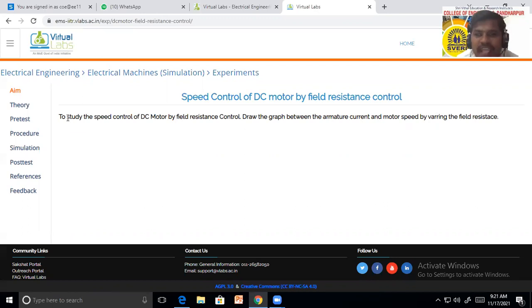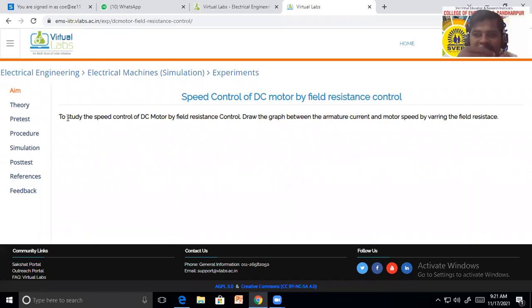So this is the aim, to study the speed control of DC motor by field resistance control. That means in field resistance control, we insert a resistance in series with the field winding. So by varying the value of the resistance, either increasing or decreasing, what is the change in the speed?